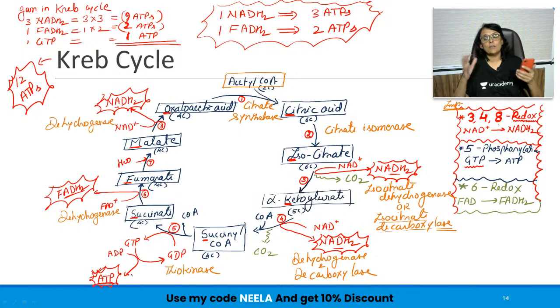But can you spend it? You cannot. You spend only 100. But you are happy because you know that those checks are going to be encashed later on. Here also the situation is the same. We don't have those 3 ATPs from NADH2, we don't have those 2 ATPs from FADH2, but we know that we will encash those checks later on. That's why we are just counting, so that we feel good that yes, Krebs cycle is going to give us 12 ATPs.